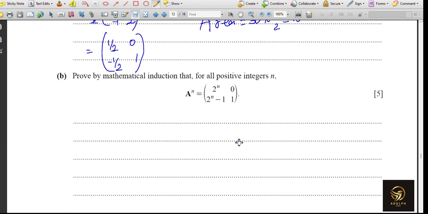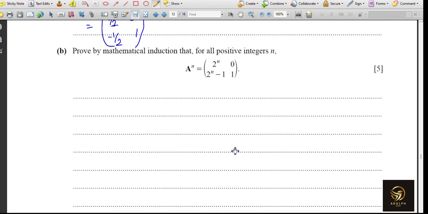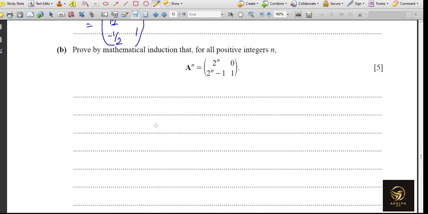Prove by mathematical induction that for all positive integers n, A power n equals (2 power n, 0; 2 power n minus 1, 1). We have the value of A power 1, that is (2 0; 1 1). We can calculate what A square is. A square is nothing but (2 0; 1 1) multiplied by itself.